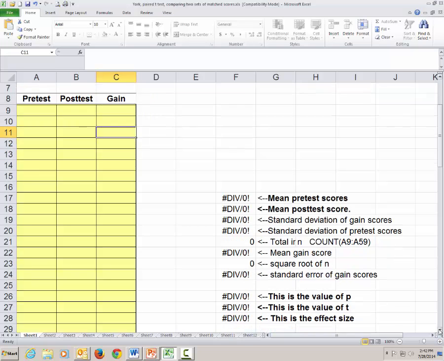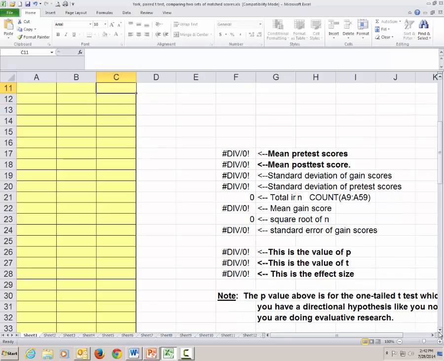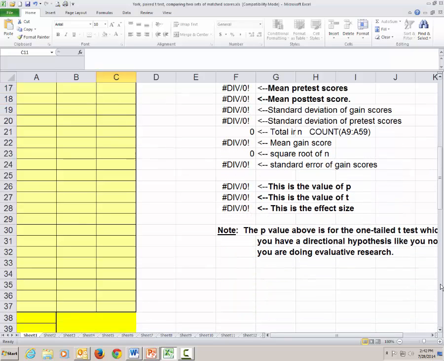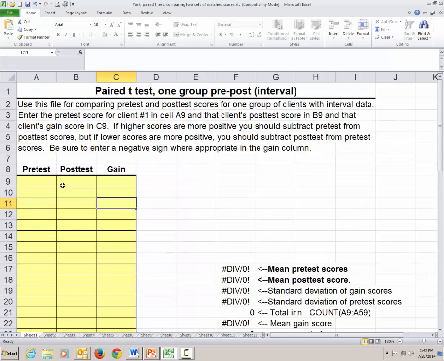Of critical importance too, of course, are these three numbers. This is the value of P, that tells you statistical significance. This is the value of T, and this is the effect size. Excuse me. Let's go back up here and demonstrate.